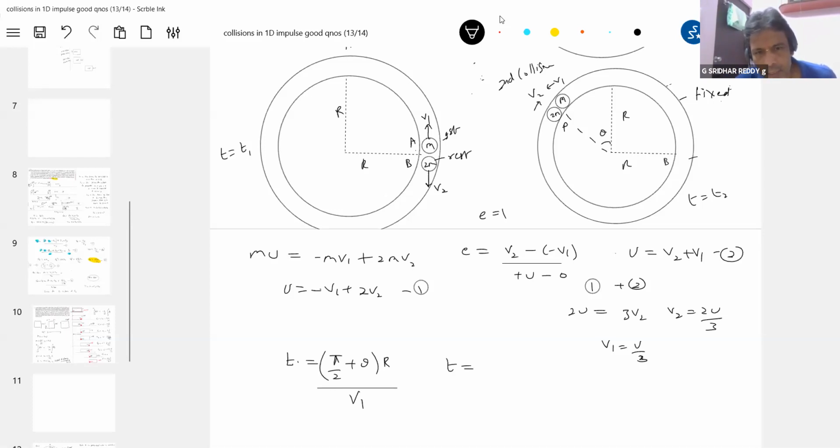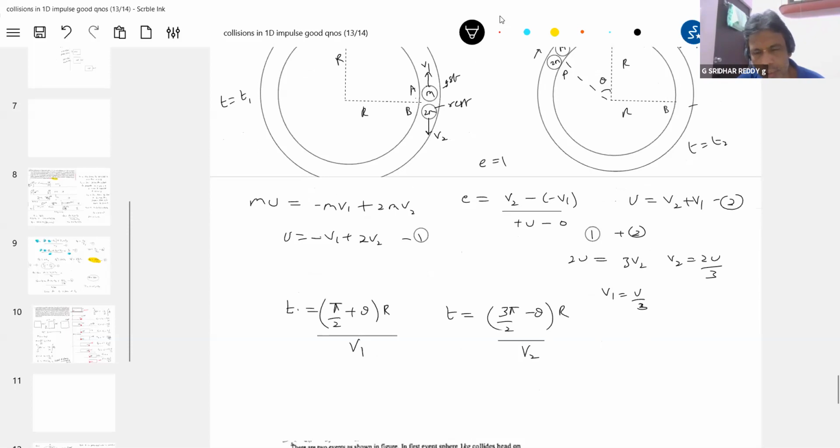In the same time, the other will cover (3π/2 minus theta) times r by V2. You know V1, V2, equate, and you'll get theta. Solve this and you'll get theta. From theta, substitute back here, and since you know V1, you'll get the time.